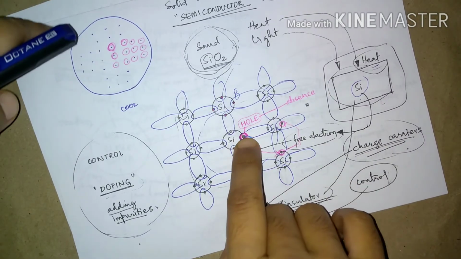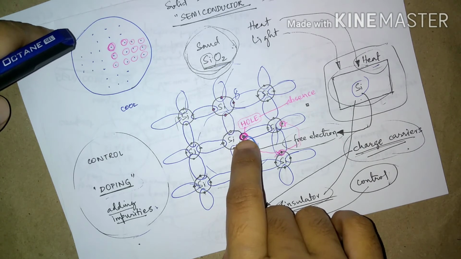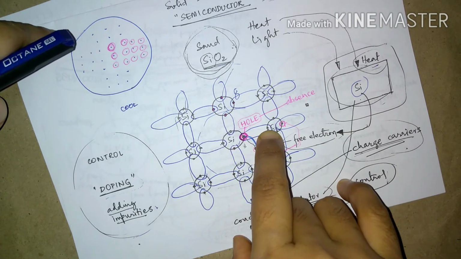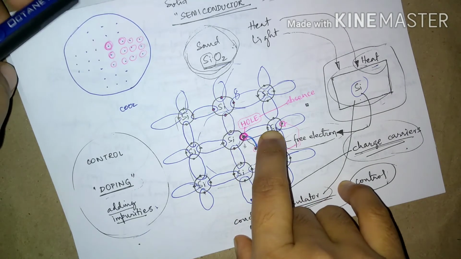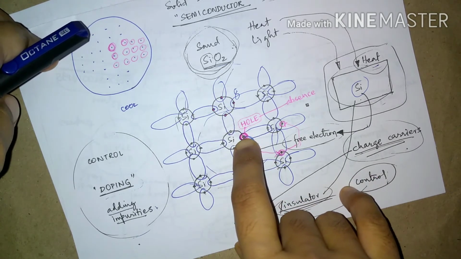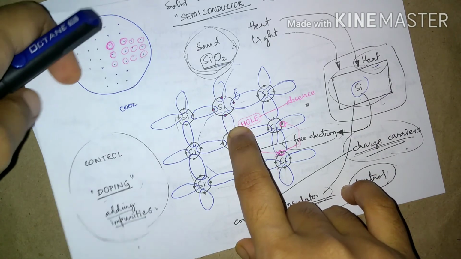Whereas here, when this electron came out, a hole gets created because this atom was incomplete without this electron. This whole atom needs this electron to get the 8 or octet configuration.